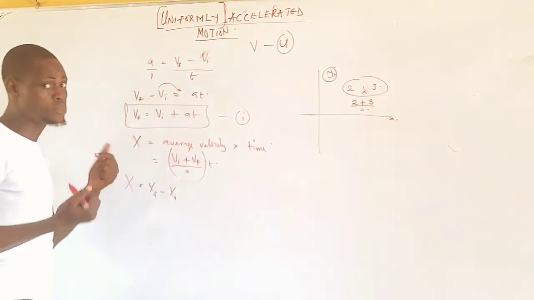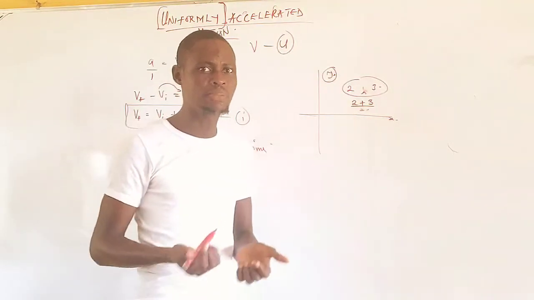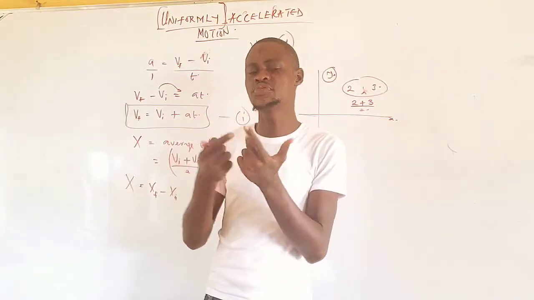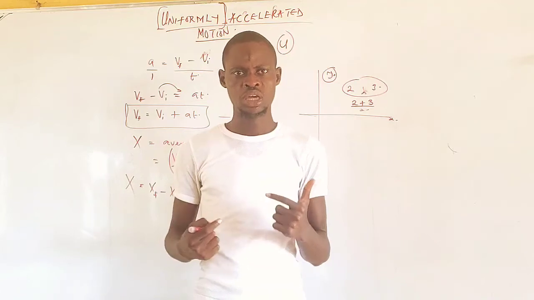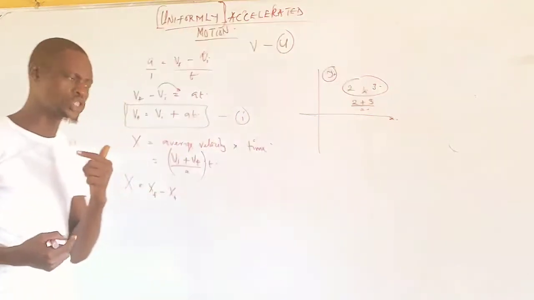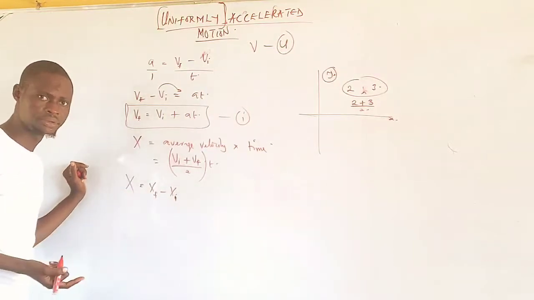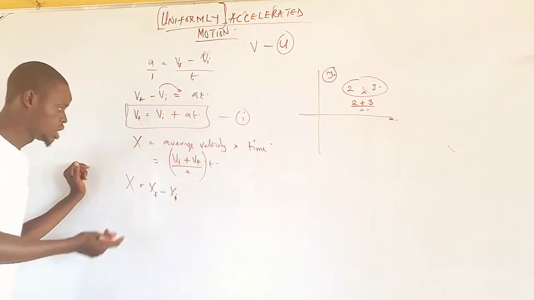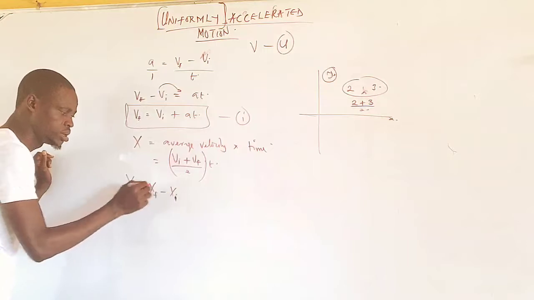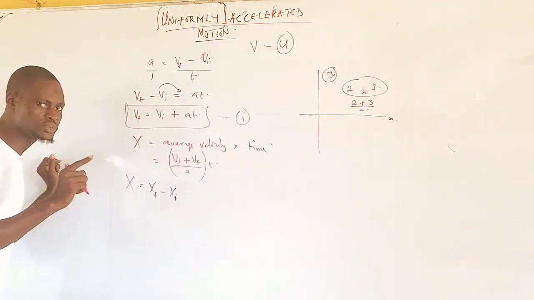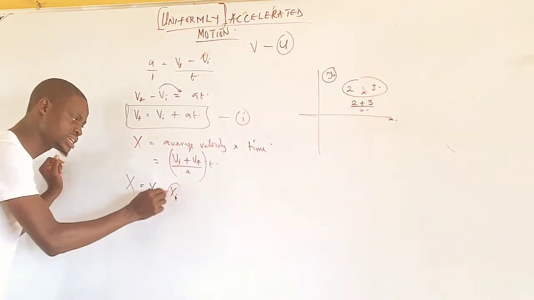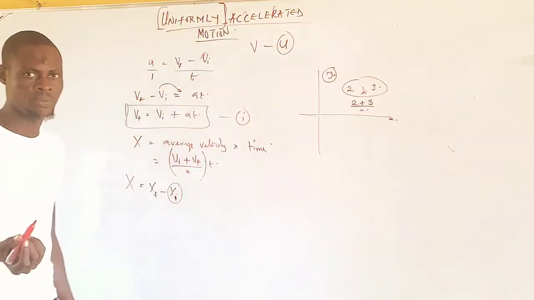But please note, in every motion, we assume that the body is starting from the origin, from rest position. If the body is starting from rest position, that means the initial distance will be equal to 0. But if the body is not starting from rest position, then this initial distance will not be equal to 0.